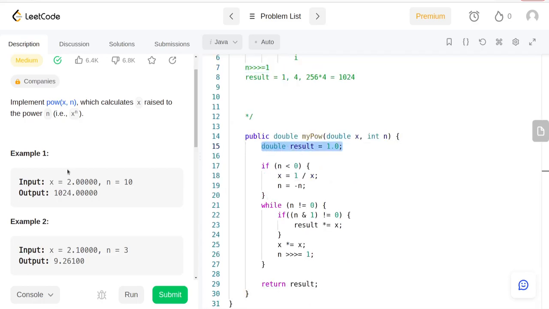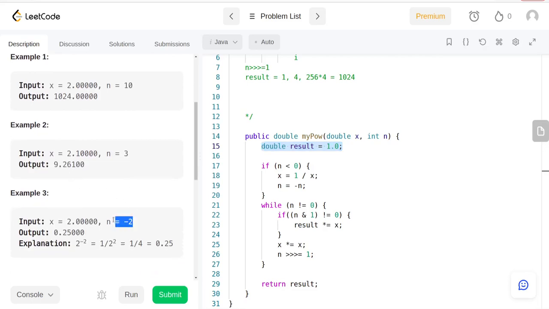Okay, one more trick here. What if n is negative? If n is negative, what you're going to do is make x equal to 1 by x. So in this case it's going to be 1 by 2, and make n positive. Meaning 2 raised to the power minus 2 is also equal to 1 by 2 squared.